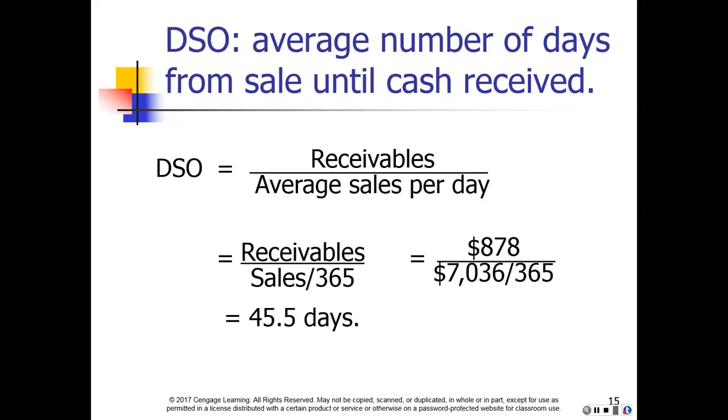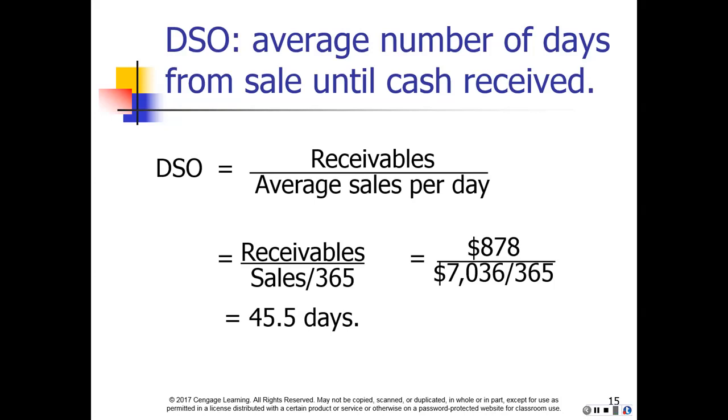Another asset management ratio is day sales outstanding, or days sales, the average number of days from sale until cash is received. That ratio is calculated by taking the amount of accounts receivable and dividing it by average sales per day.